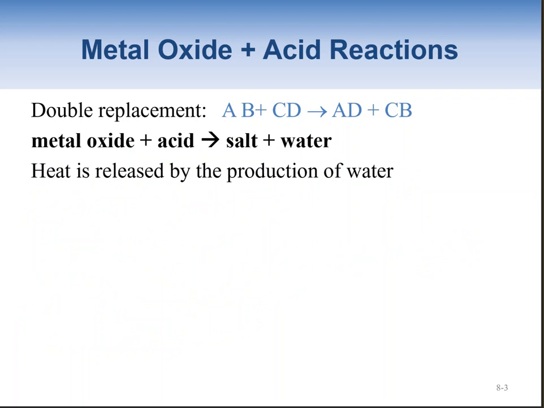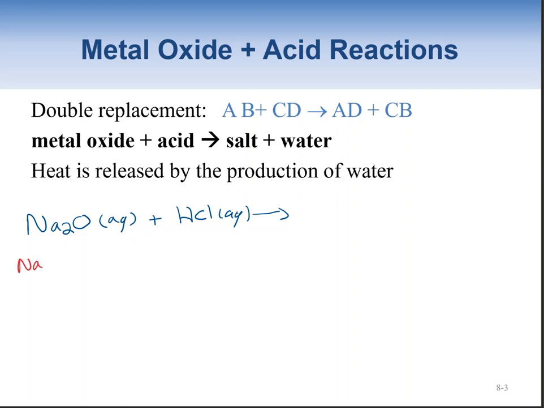Now, metal oxides react with acid, and that's another type of double replacement reaction. So let's look at an example and see what the products of double replacement reactions of metal oxides and acids are going to be. We can look at the reaction of sodium oxide and hydrochloric acid. So again, this is a double displacement reaction.